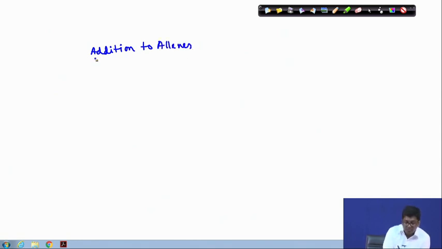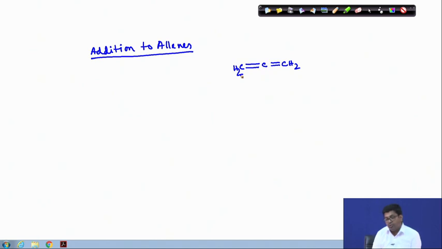Okay. So, you know what allenes are? Okay. Allenes are something like this. I am not going to detail its structure, how their orbitals stay and all those things, but this is some kind of structure of allene. So, now there are also double bonds.